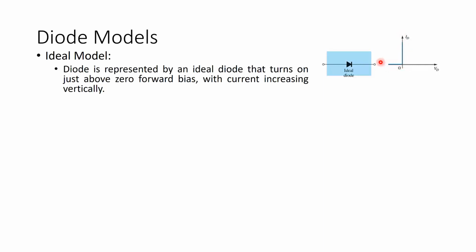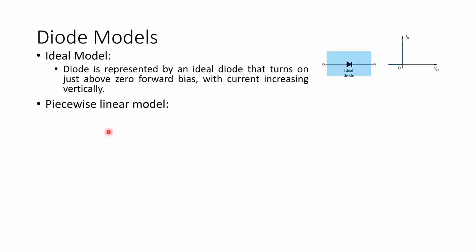This is an ideal diode. So every time we draw the symbol, we assume that it is an ideal diode. Or anytime a question or a paragraph says an ideal diode, it simply means that it rises at 0 volts, right after the positive of 0, just above 0.